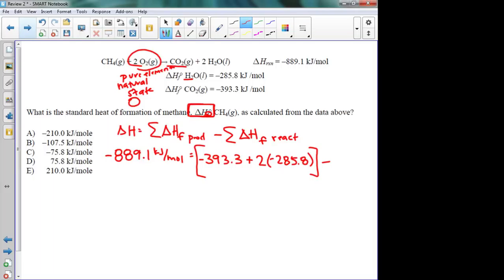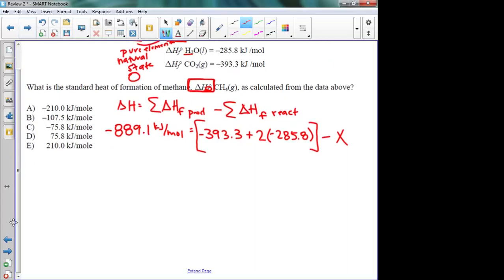And we're trying to find CH4, so minus X. So we're solving for X. We'll just start working through and solving.